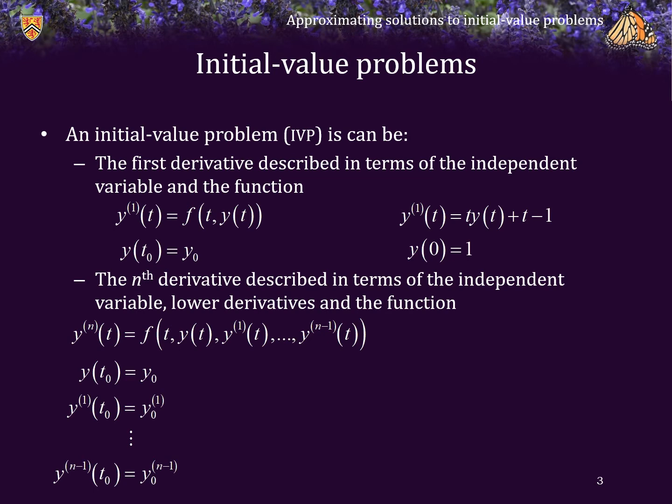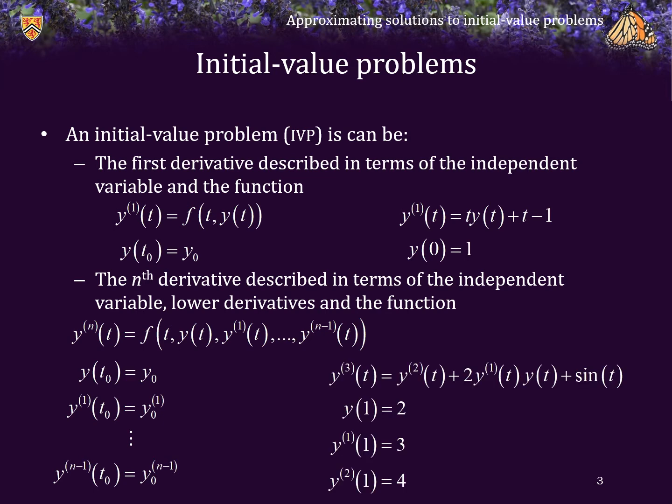Once again, note how we will describe the initial conditions in the abstract. t naught is the initial time, y naught is the initial value, y naught superscript (1) is the initial slope at time t naught, and for example, y naught superscript (n minus 1) is the initial n minus first derivative at time t equals t naught.